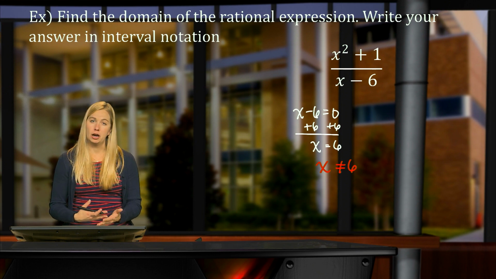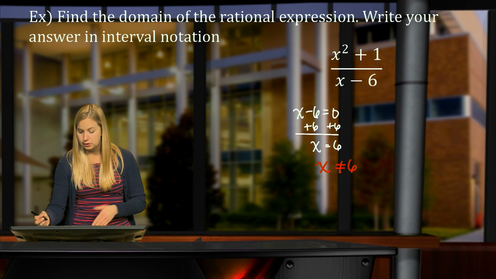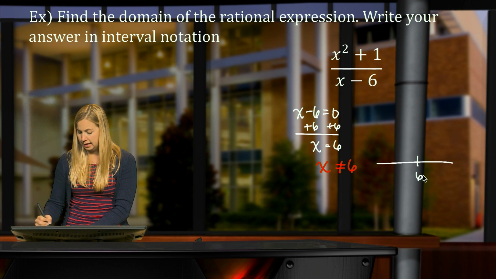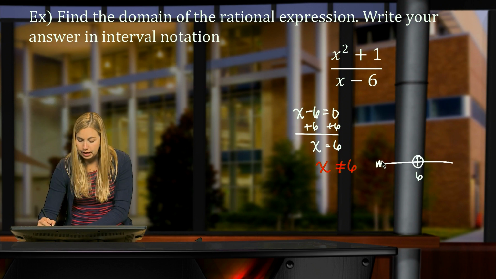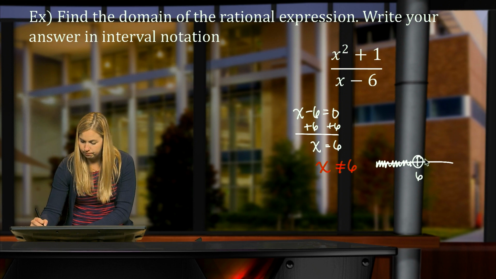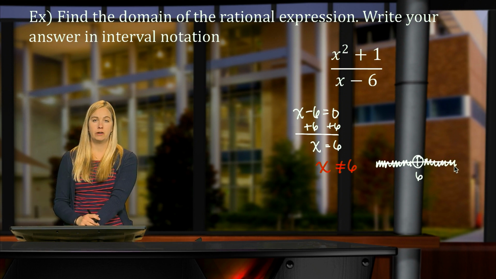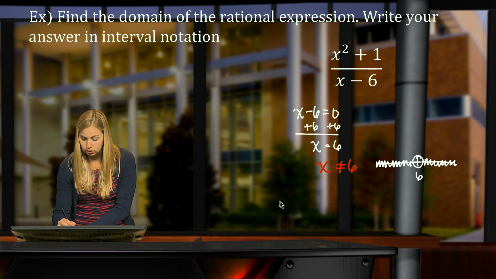Now, with writing an interval, as we've seen in previous lessons, it's easier if we start with a graph. So if I set up my number line, here's 6, and 6 represents the value that x cannot be. x can be anything else, though. Since our graph has two different shaded regions, our domain is going to have two separate intervals.